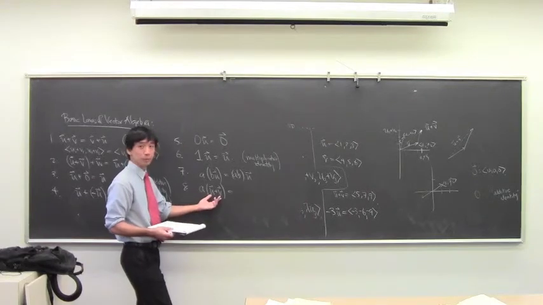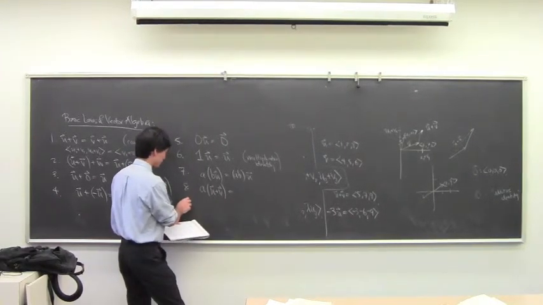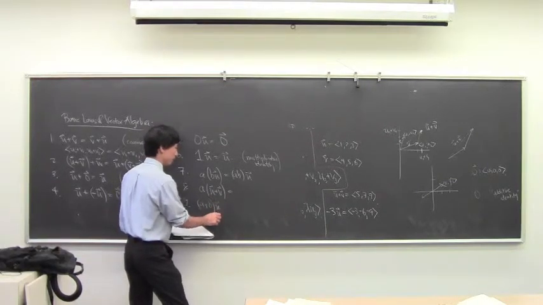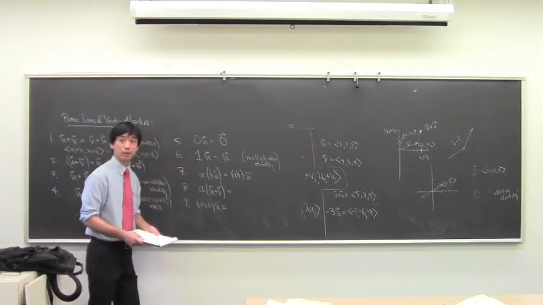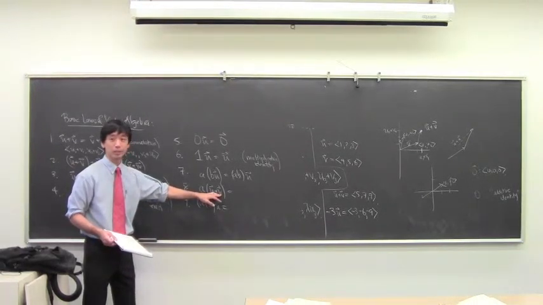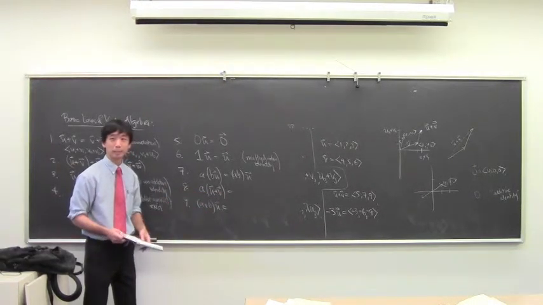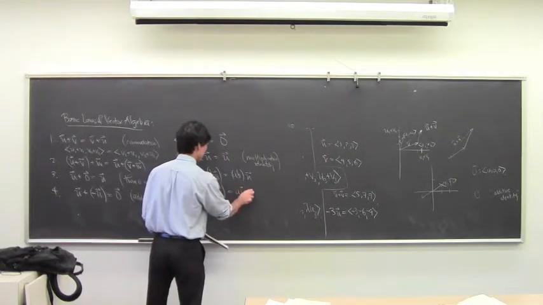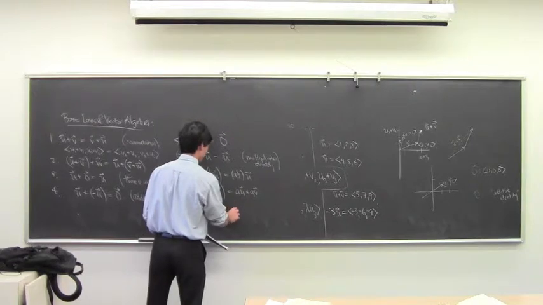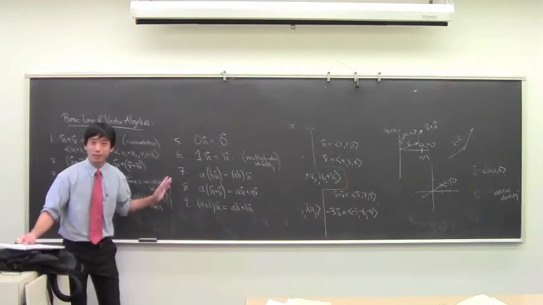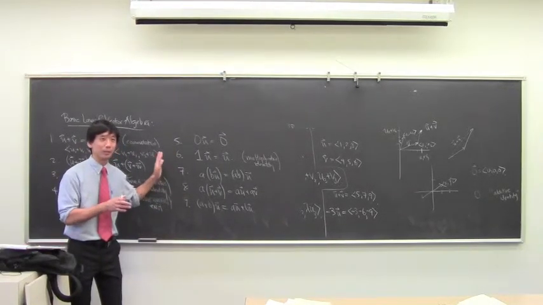You have a distributive law, and you have another distributive law. You have two kinds of distributive law. Here you're using vector addition, here you're using scalar addition.